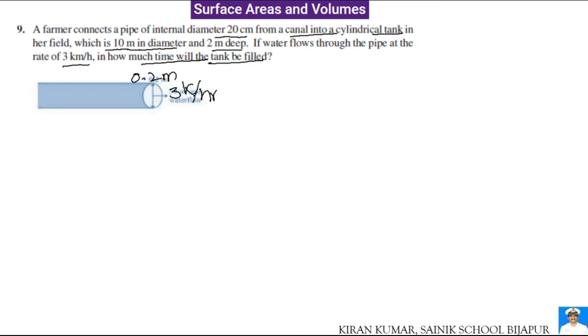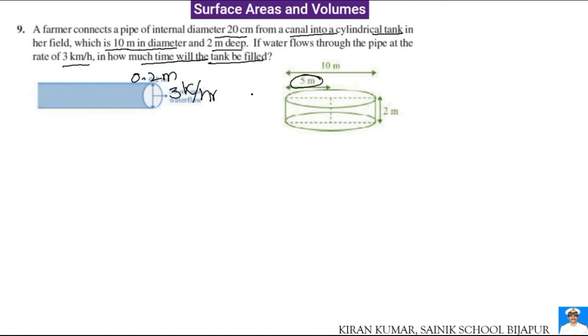So this kilometer per hour, I need to convert that in terms of meter per minute, and it is flowing into a cylindrical tank which is having 10 meter as a diameter, so the radius is 5 meter, and the height of the cylinder is 2 meters.